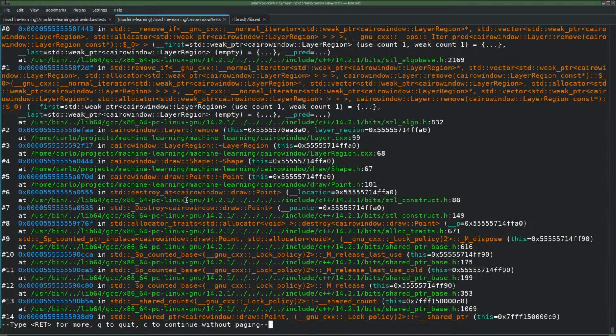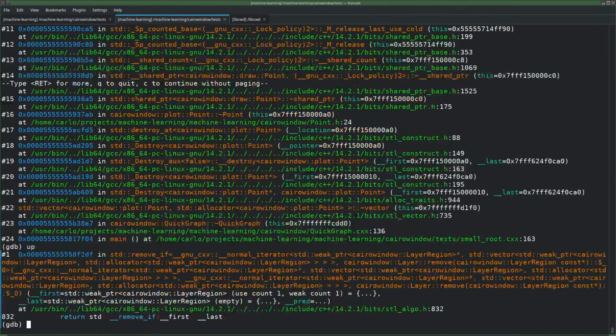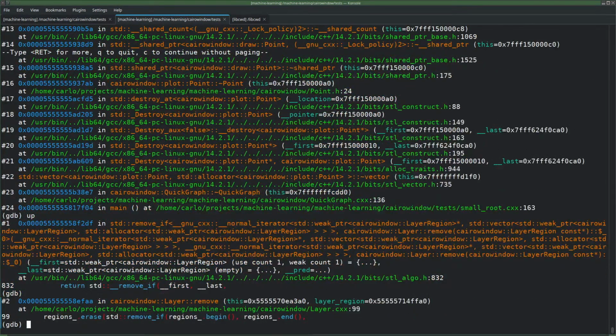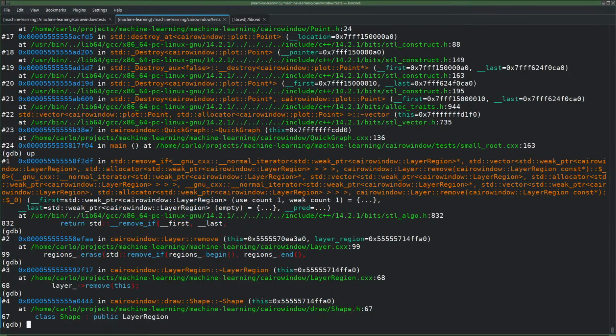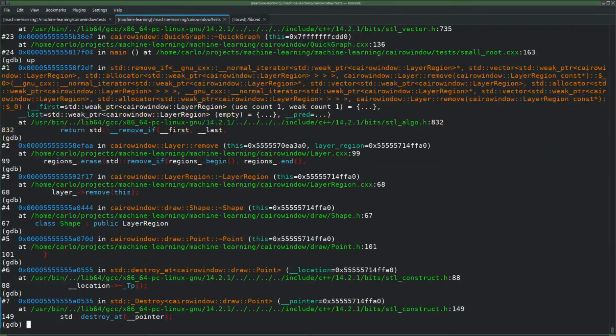Destruction of the points takes a long time, apparently. Well, that's interesting. Remove if, erase points.